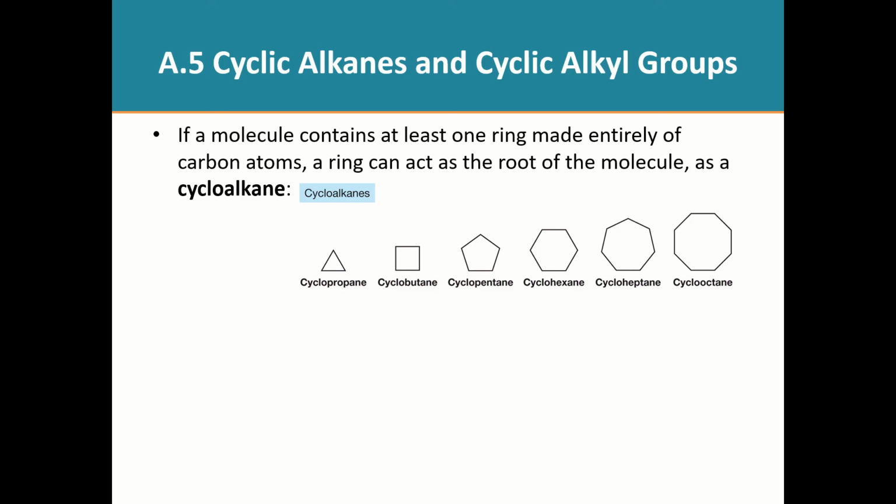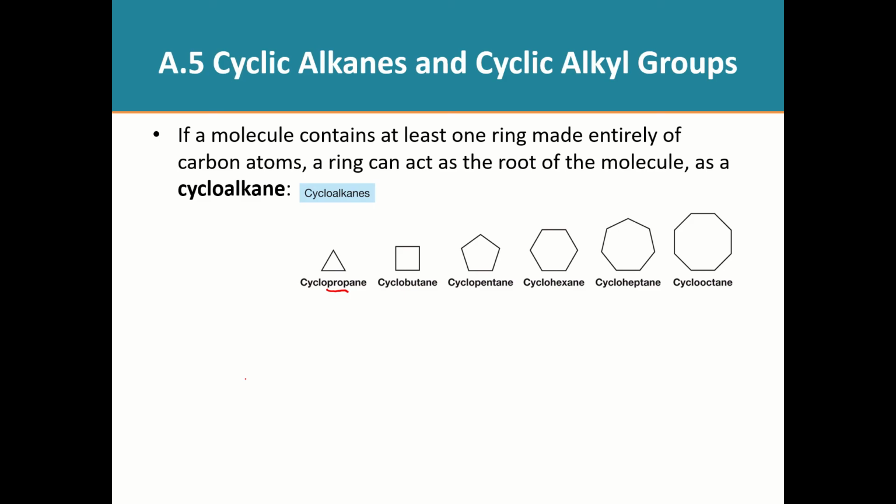Now we have rings. And we have all types of ring sizes. And when you look at the ring sizes, you can see that this right here, how many carbons does it have? It has 3 carbons. Hence, you see in the parent name right there, you see the prop. So we see the prop right there.